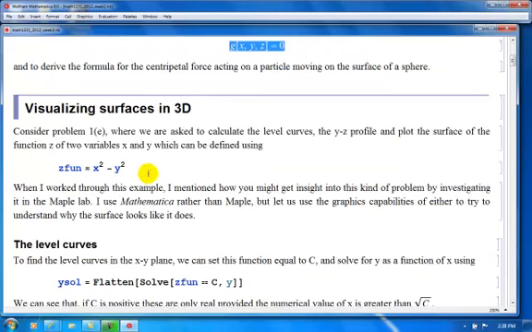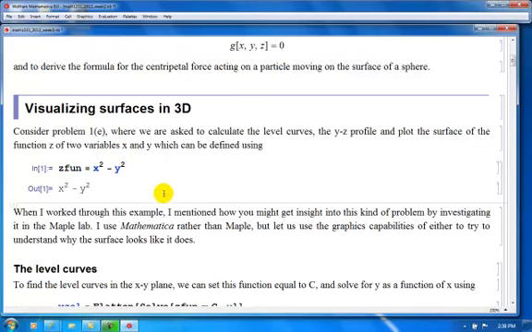So let's start with visualizing surfaces in 3D. Somebody asked me if I do question 1E, which is one of the difficult ones, where we're asked to calculate the level curves, the YZ profile, and then plot the surface of the function Z of two variables, X and Y, which I can define as a Mathematica object, like that.